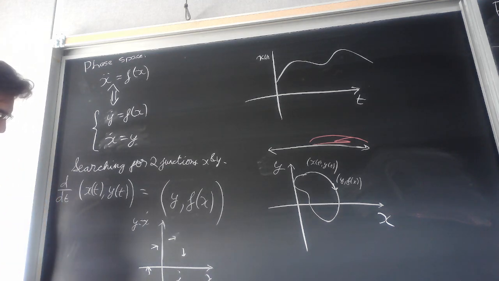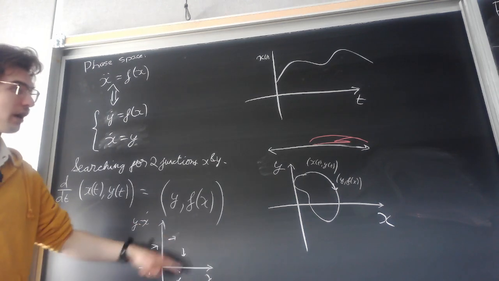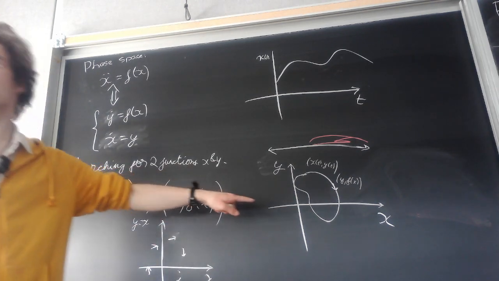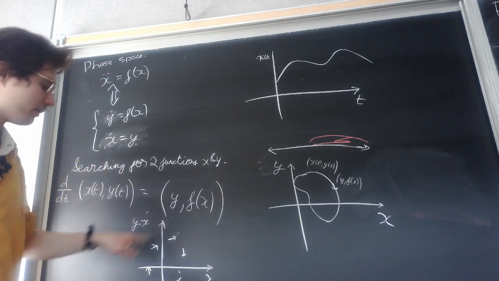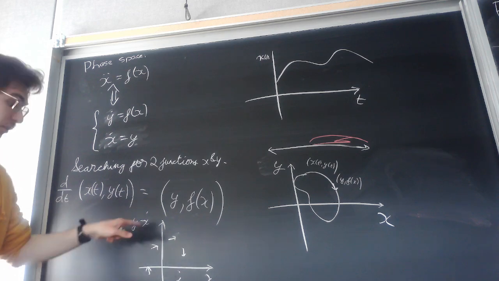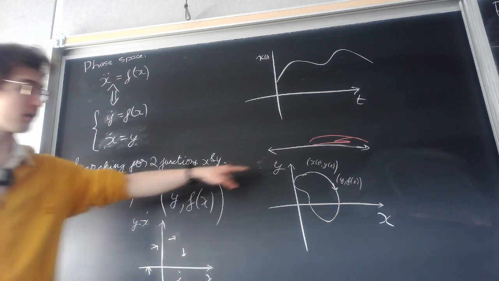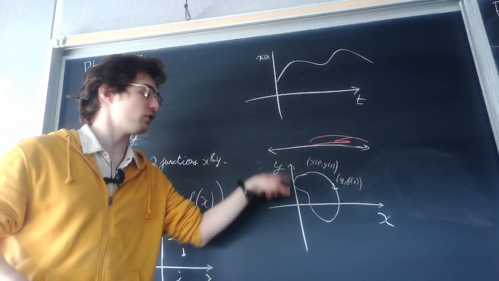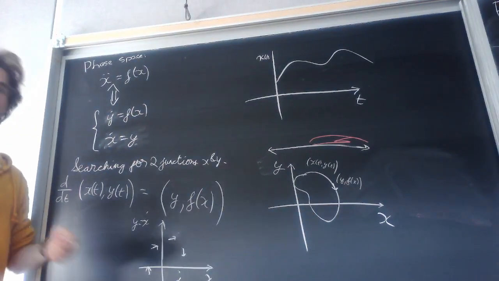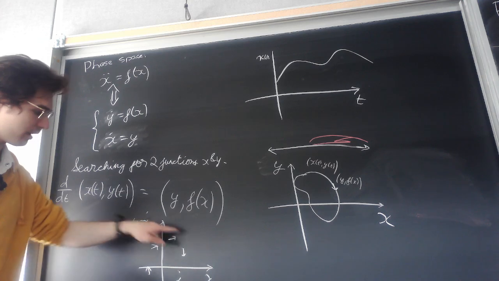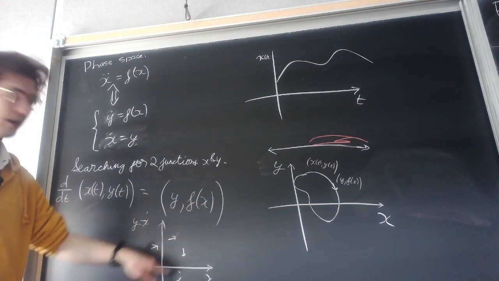And so if I do this, what can I do? I can then try and figure out what these curves will look like based on the vector field. Why? Because I know that the curve in phase space has to be tangent to all of these arrows.